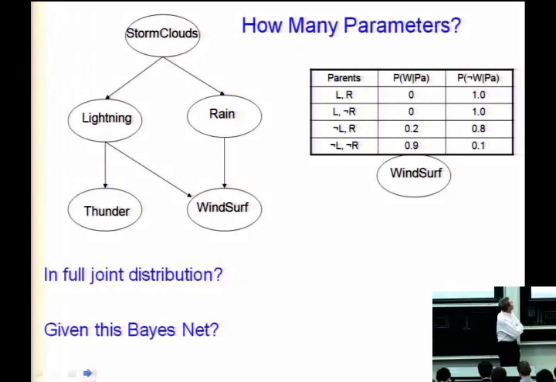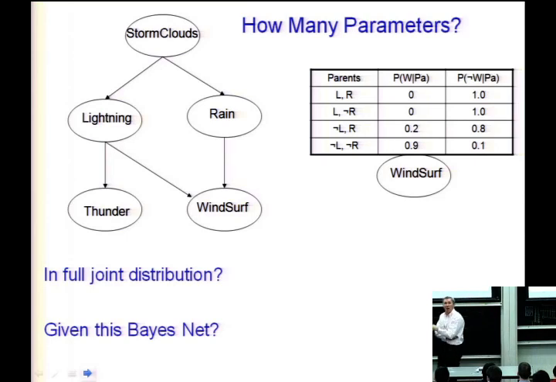If we have a joint distribution of 5 Boolean random variables, and I make no independence assumptions, so I want to represent the full joint distribution, how many parameters will I need to write down to represent the full joint distribution over 5 Boolean variables?